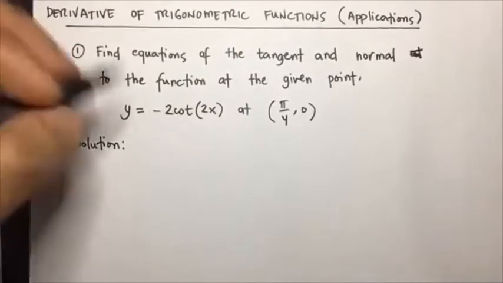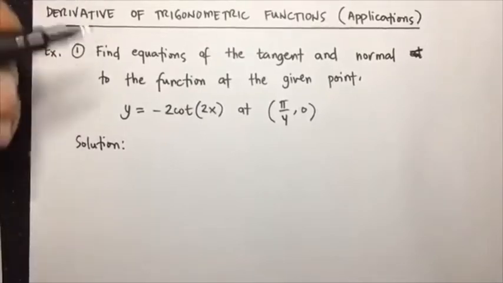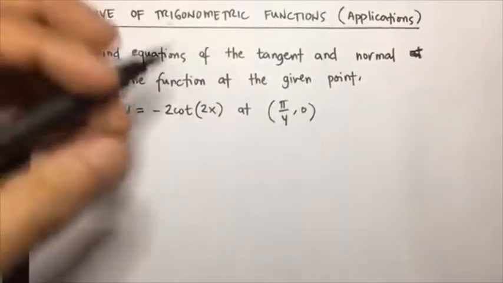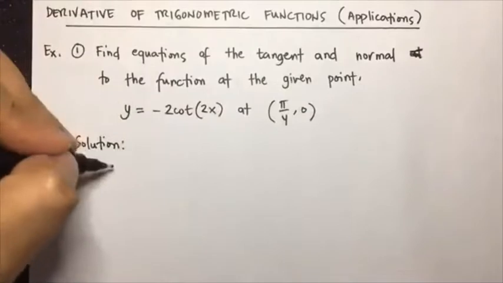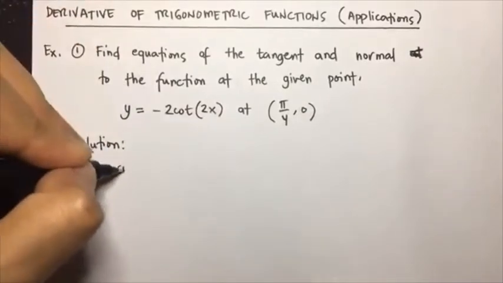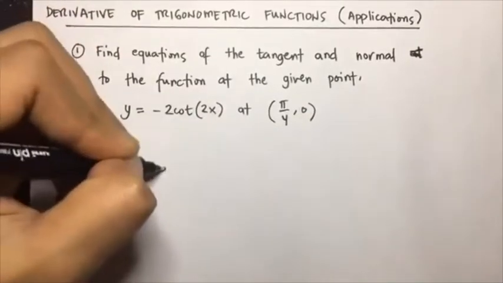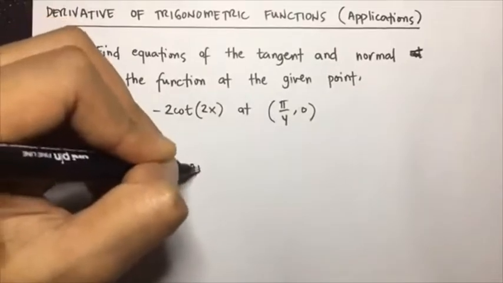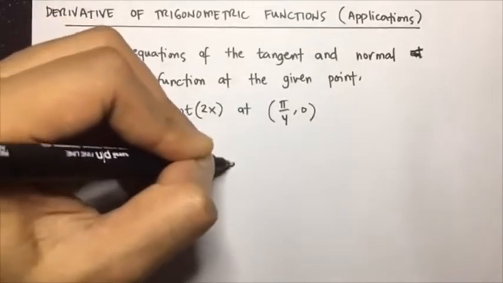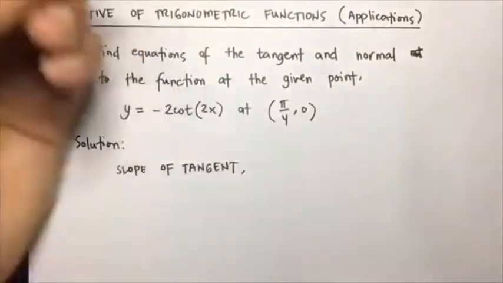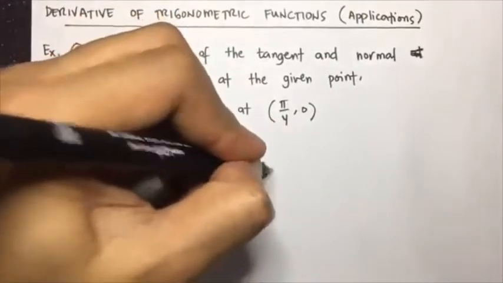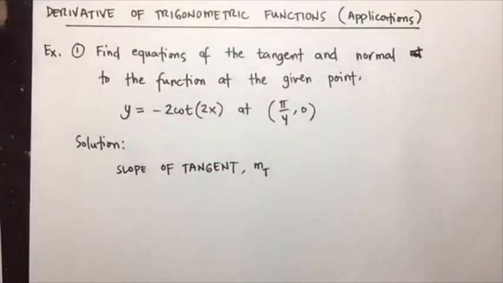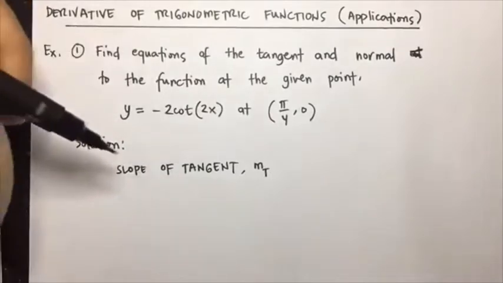To solve for the slope of the tangent, which is m sub t, we solve that by getting the first derivative.